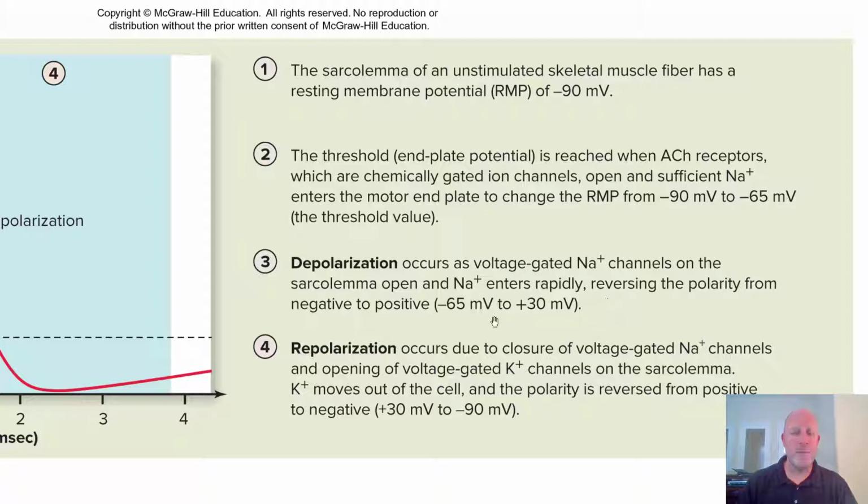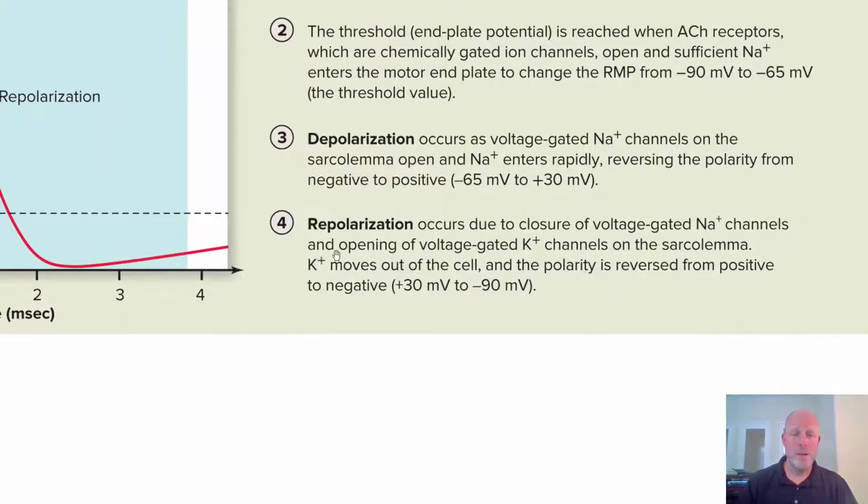That reverses the polarity, taking it up to a positive plus 30. Then repolarization occurs due to the closure of the voltage-gated sodium channels and the opening of the voltage-gated potassium channels on the sarcolemma. Potassium moves out of the cell, and the polarity is reversed from positive 30 to negative 90, returning back to our resting membrane potential.